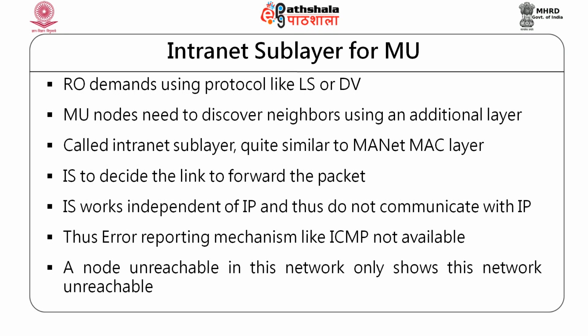Remember this ICMP, Internet Control Message Protocol, errors that are sent. So, what will happen is, suppose a packet comes to my network and it is being routed and there is a problem somewhere, the sender only understands that this particular network has dropped my packet, does not know really what the problem is. Okay.